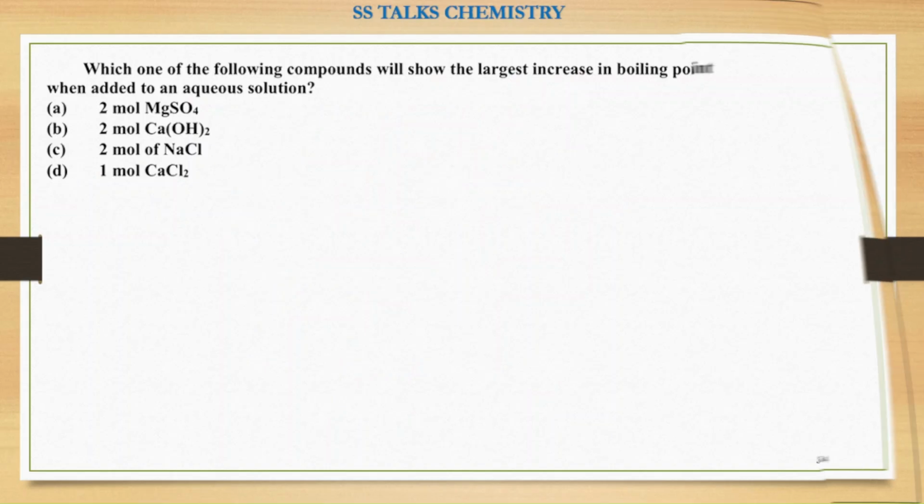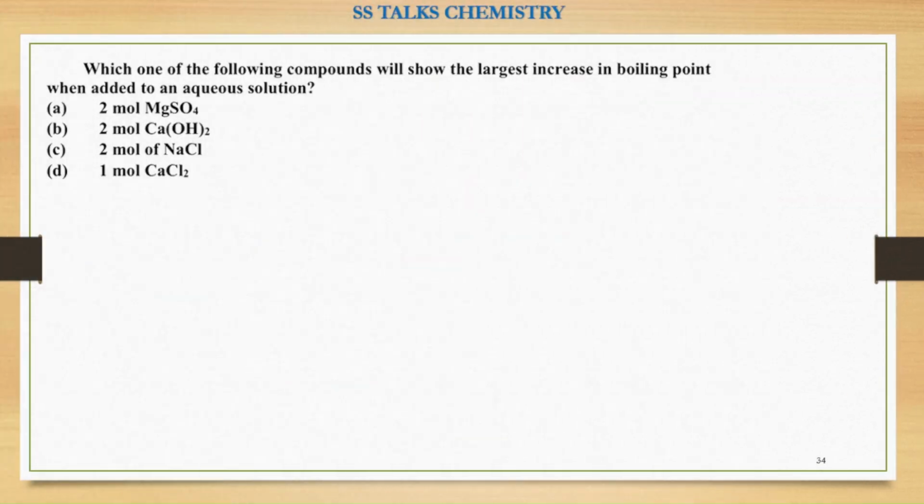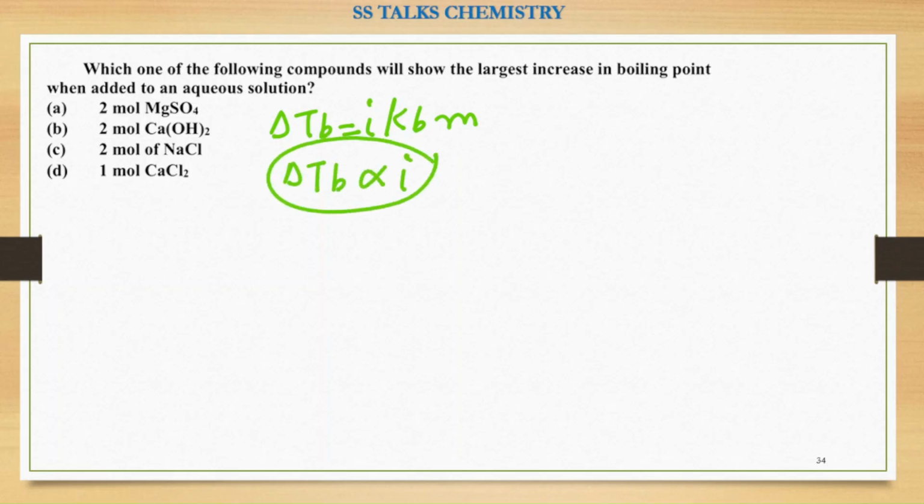Next we have this question. It says which one of the following compounds will show the largest increase in the boiling point when added to the aqueous solution. So we know that delta TB is equal to i KB into the molality. So delta TB is directly proportional to this i value.